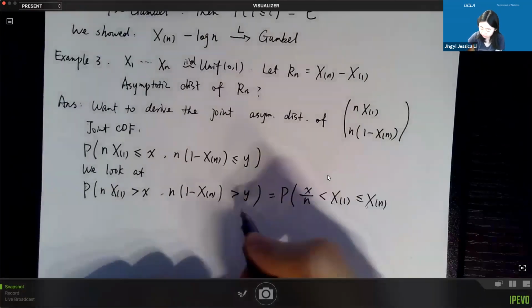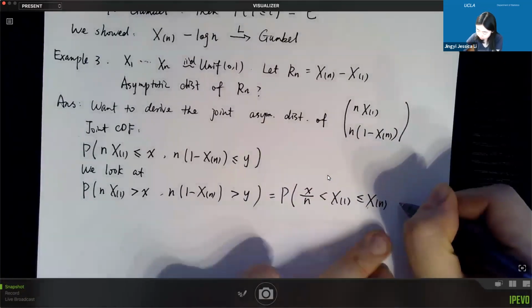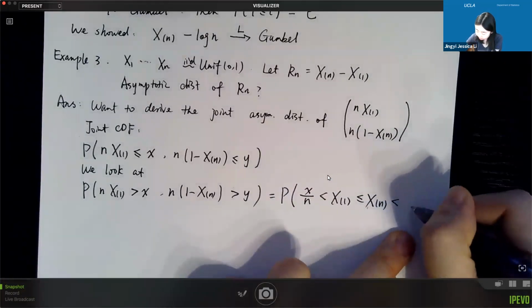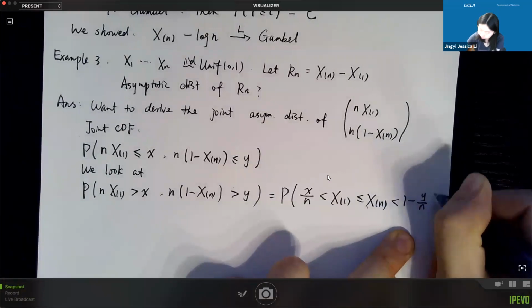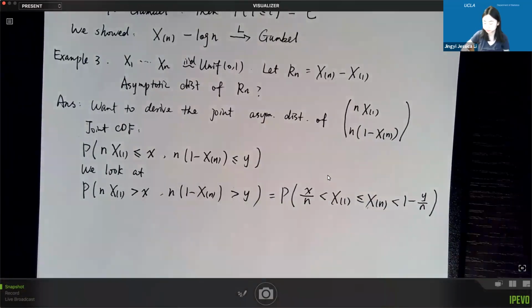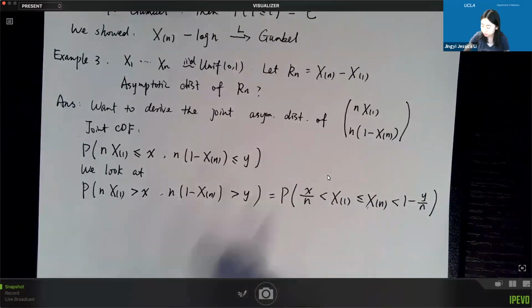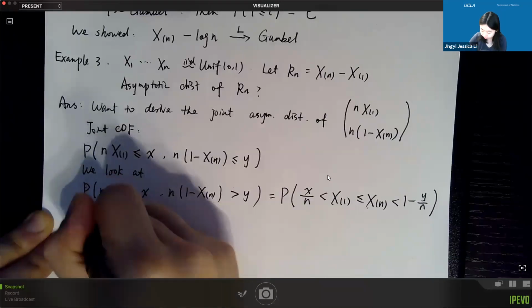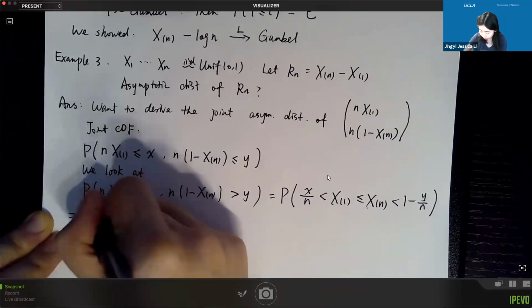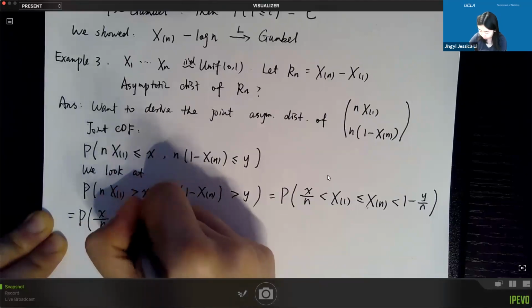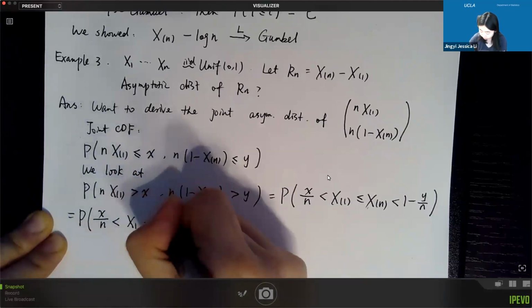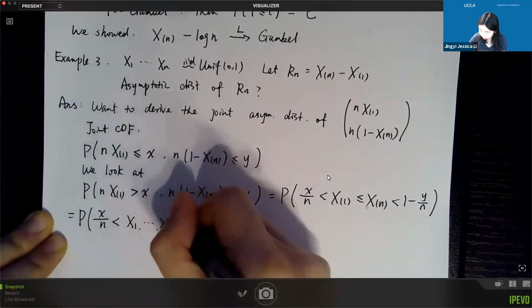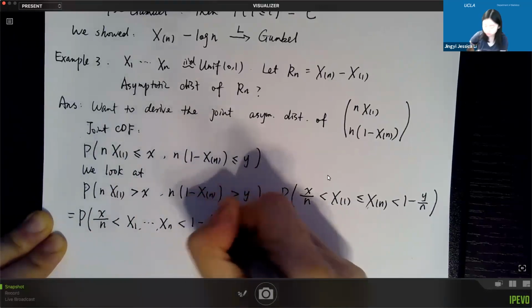And the right-hand side becomes less than 1 minus y over n. And this actually implies that all my xi's, x1, x2 to xn, are between these two numbers.